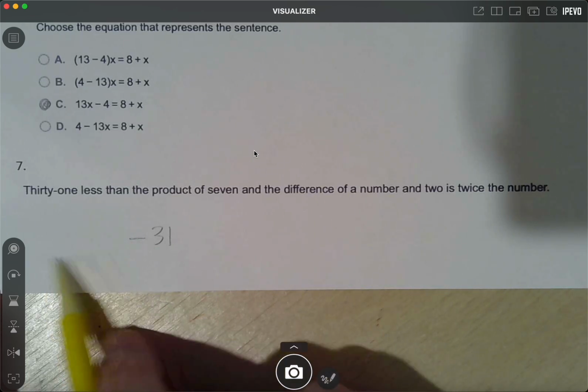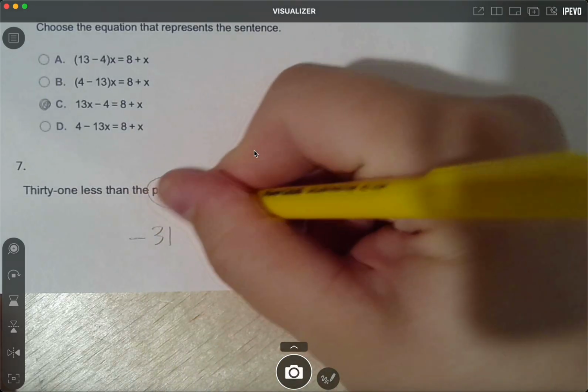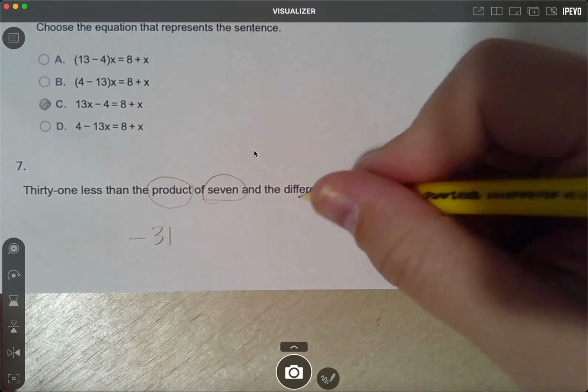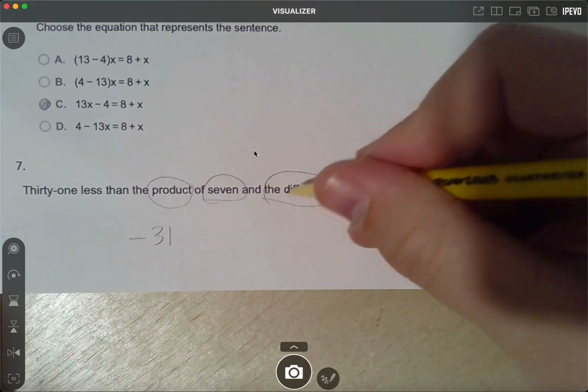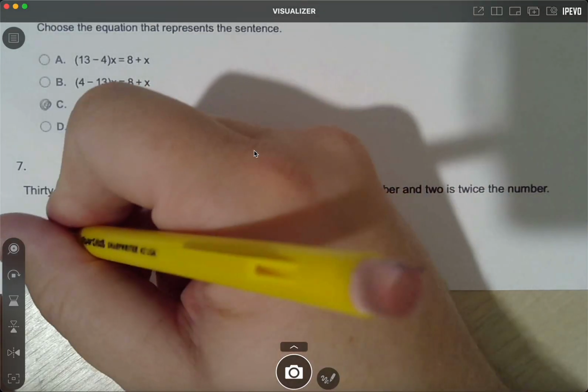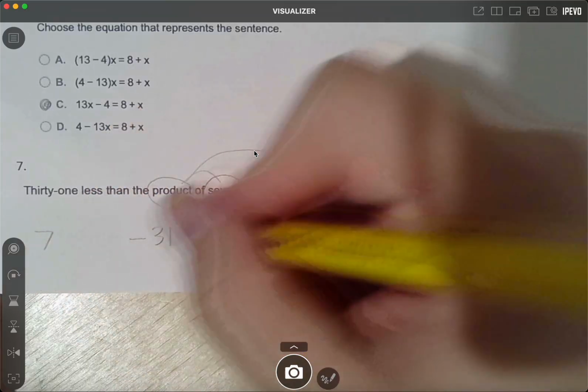Now, what's in front is a product. Now, think about this. A product is 2 things multiplying. So when I see the word product, I'm looking for two things, which would be 7, and I'm going to write the difference. So what's multiplying is 7 and some sort of difference.